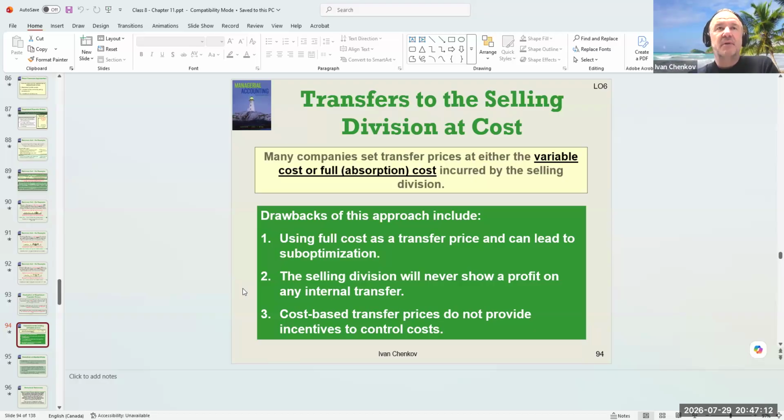Also, the selling division never going to see profit on the internal transfer. Why? Because they're selling at break-even. Cost-based transfer pricing also does not provide incentive to control cost. So if you're evaluating the division manager based on profit when there's internal transfer pricing, you have to change the evaluation.